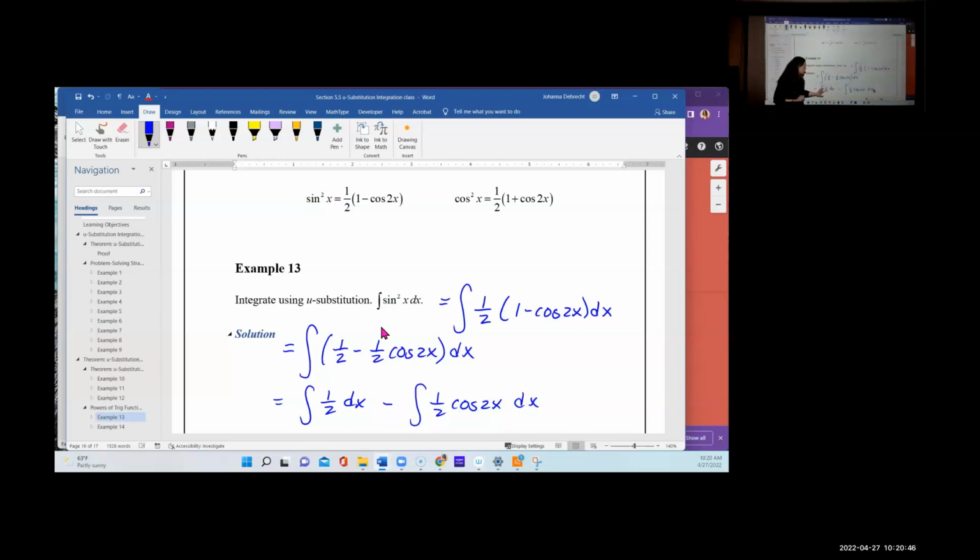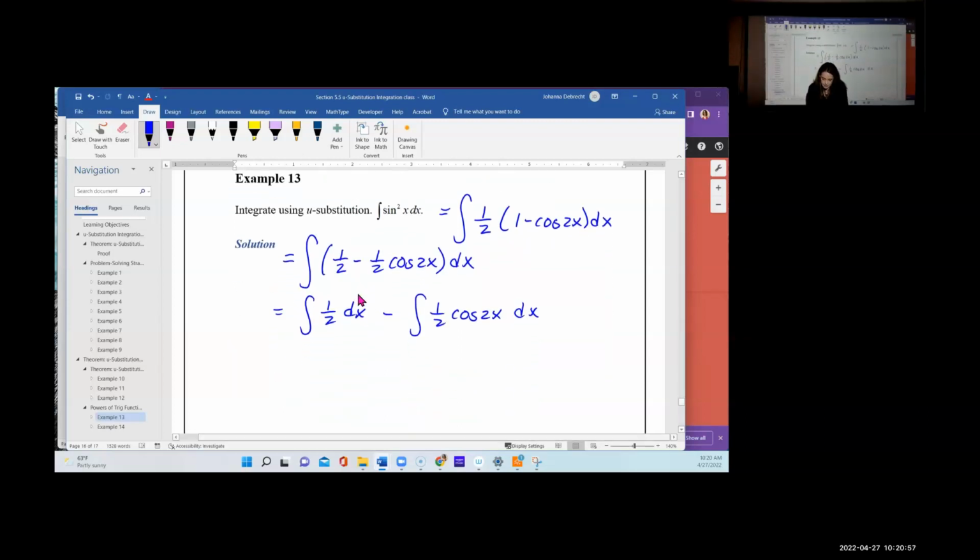Notice that the first term does not require u-substitution. You can just integrate directly. Since it's a constant, you're going to get the variable x. You would also get a plus c because it's an indefinite integral. The second one would also give us a plus c, and we're going to roll all the plus c's together because a constant plus a constant is still a constant.